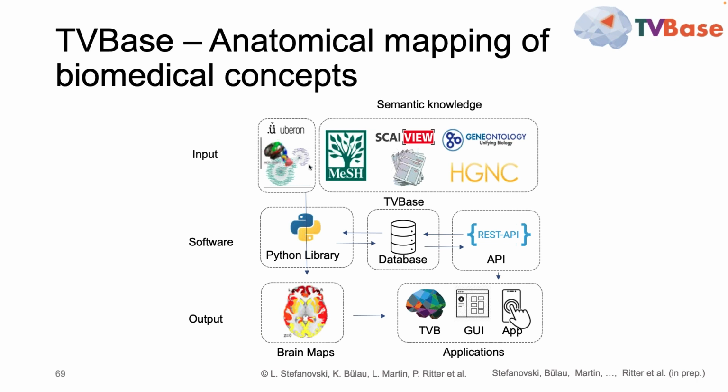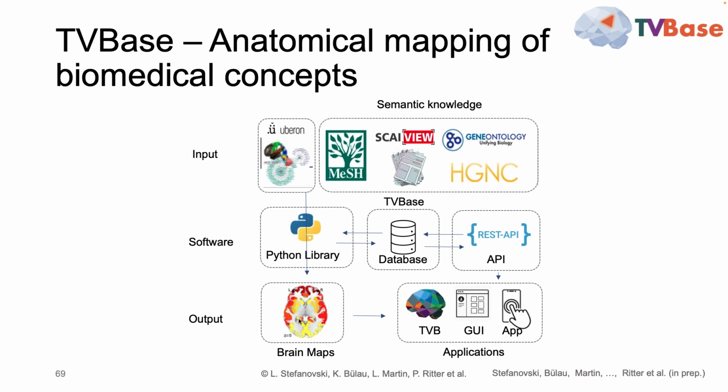Therefore, we built the software tool, the Virtual Brain Adapter of Semantics, to do exactly this: to retrieve knowledge from those knowledge graphs and databases, to access the semantic meta layer, and to transform this knowledge into a way to be integrated in brain network models.